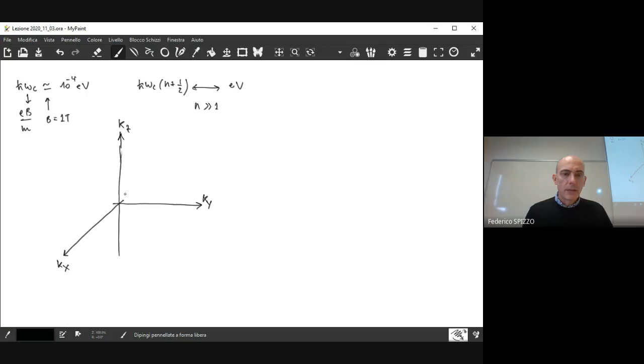So in that situation, the levels can be grouped into spheres, because the energy has a spherical symmetry. So when you occupy the levels, you partially fill the spheres.